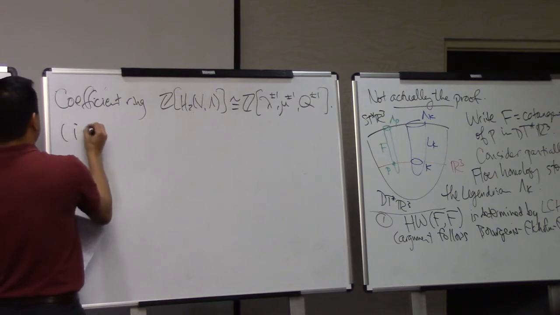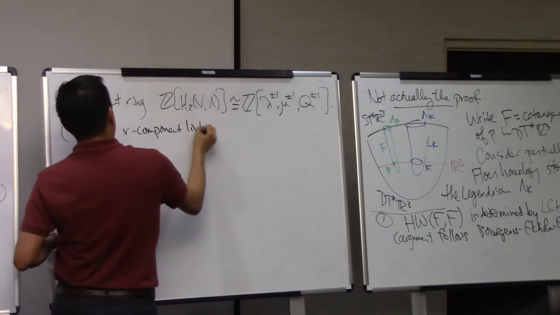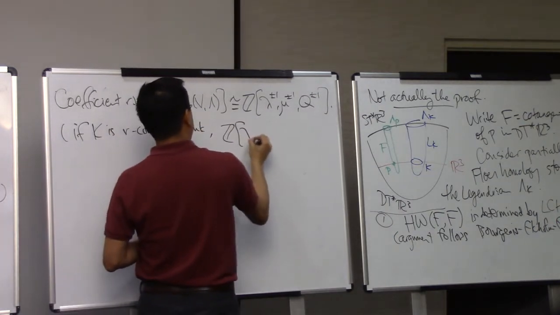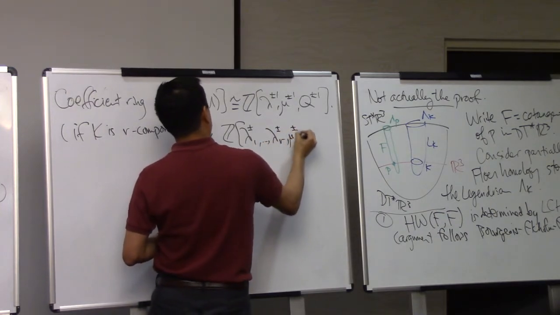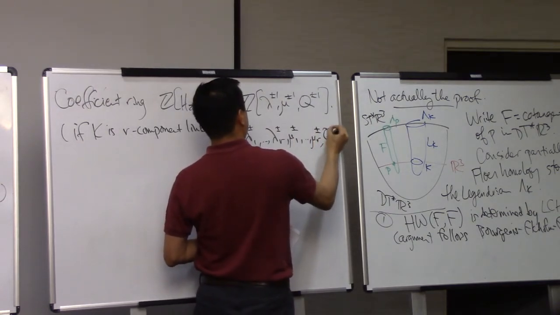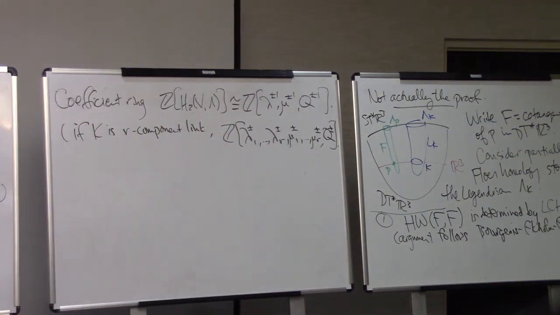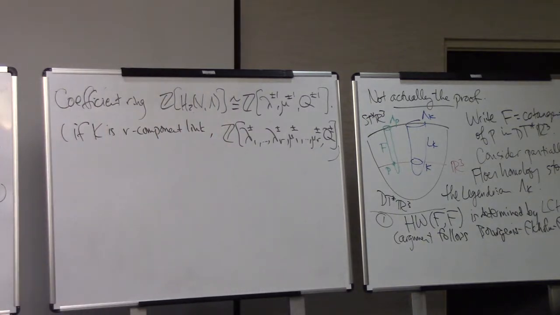So if K is an R component link, then instead of this you get R longitudes and meridians, and still the Q. Great.